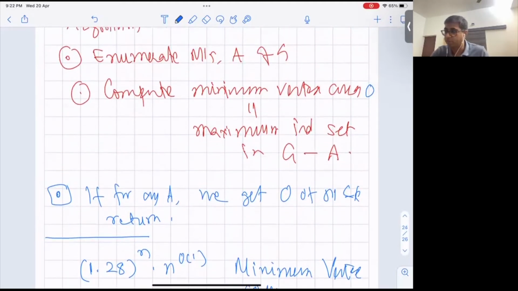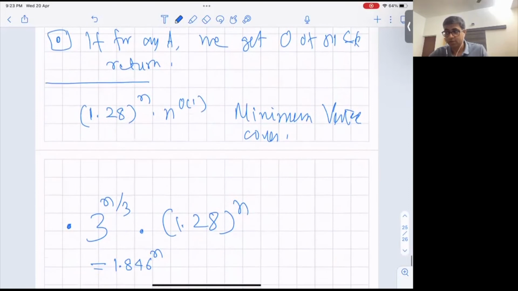We are finding the minimum vertex cover in G minus A. I have written my algorithm correctly. I am doing it in G minus A, whatever I was promised. But G minus A could be as big as n. So unless you tell me something nice and interesting, all I can tell you is this.